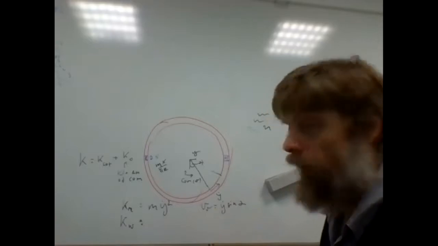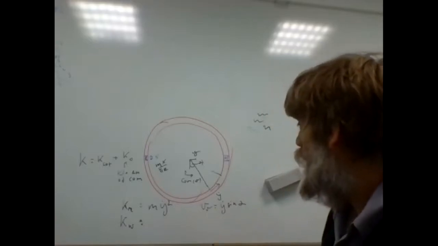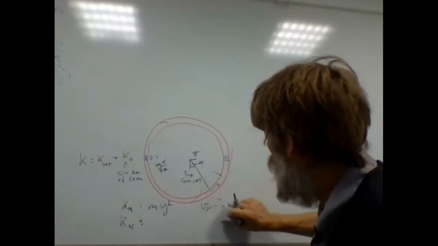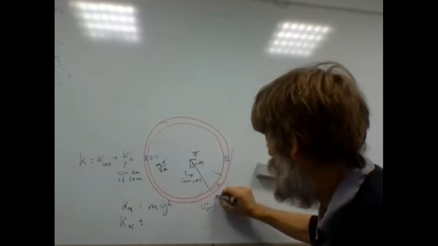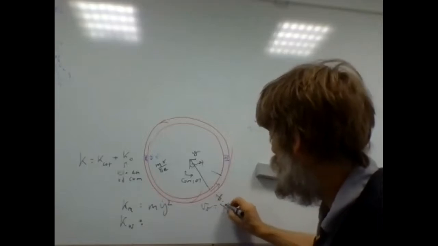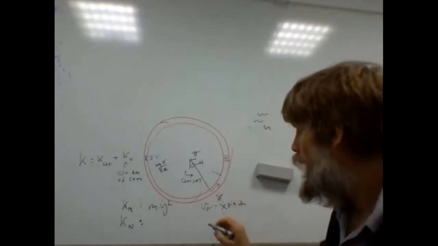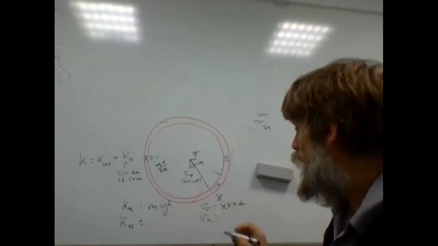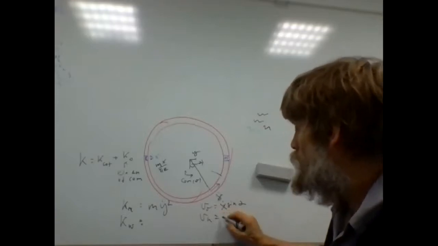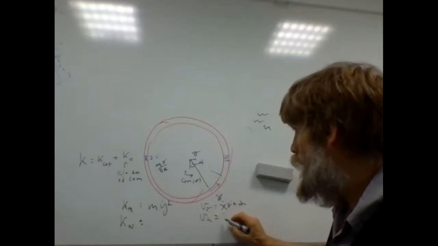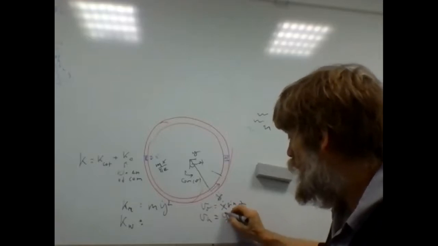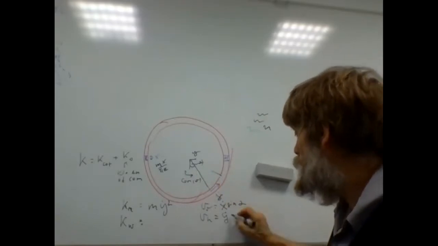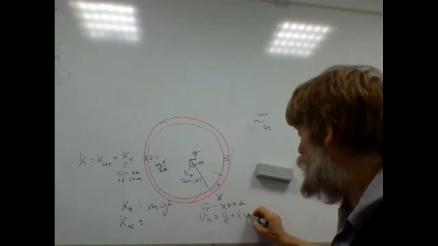Isn't it x dot? Yeah, x dot, sorry, thanks. I made confusion between these two. Yes, x dot times sine of alpha is the vertical speed, and the horizontal speed is y dot, the speed of the frame, plus x dot times cosine alpha.